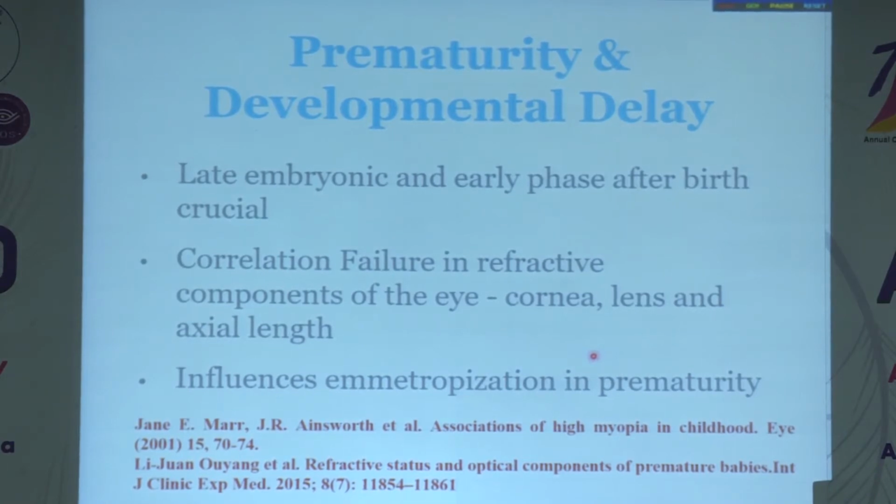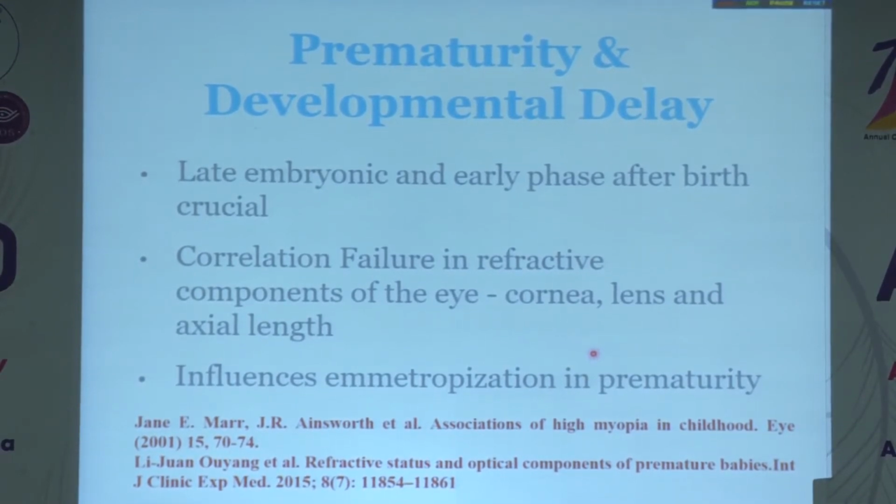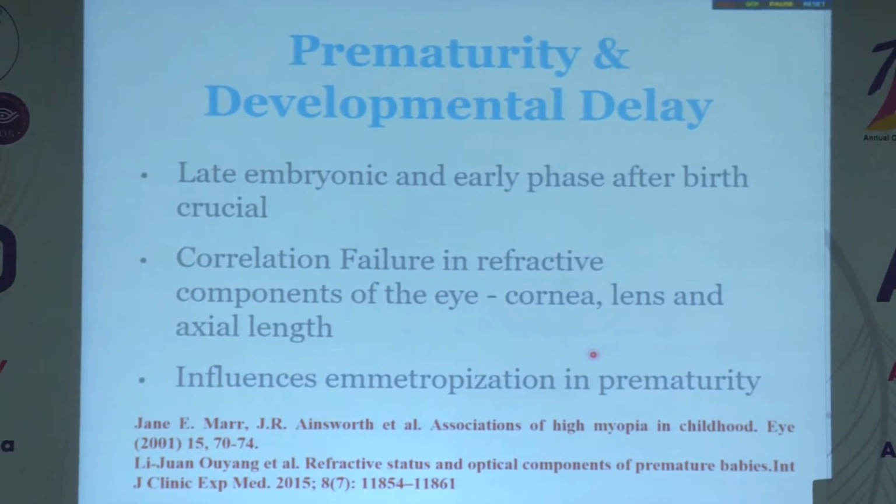We all know that the refractive components of the eye, basically the cornea, lens, and the axial length, have the major growth in the late embryonic and early phase after birth. So this is the most crucial period where there is a correlation failure in the development of these refractive components, which influences the process of emmetropization in prematurity and leads to myopia.